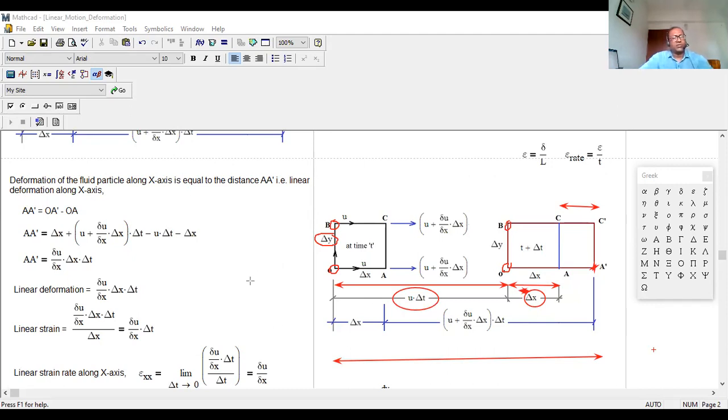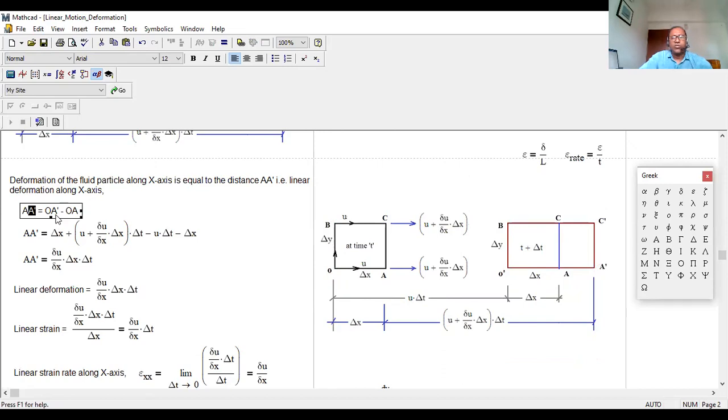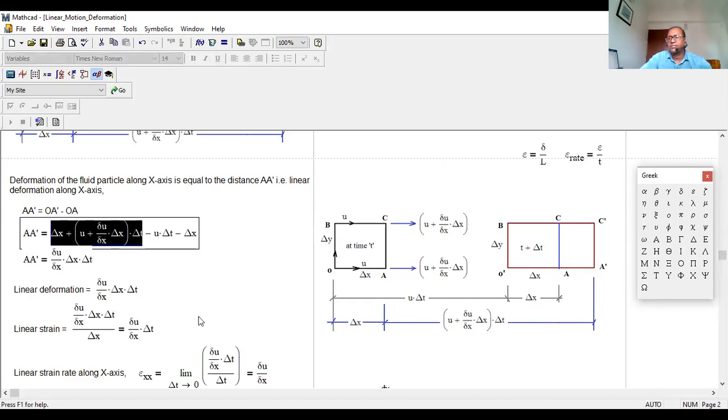You see right over here. We need to figure out the distance A prime. So we took line OA prime from O to right over here. How much distance? Delta x plus this one, so this distance into t, minus, we subtract this one and this one, u t minus delta x.